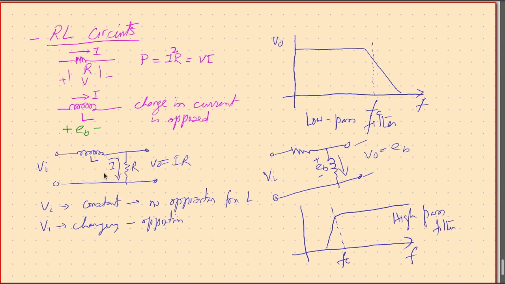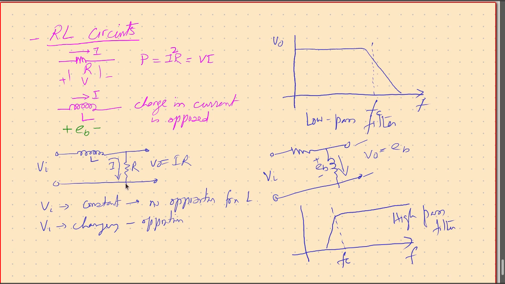Done. So you can use an RL circuit for a similar action. You can use an RL circuit in this form to make it a low pass filter, and you can use it in this form to make it a high pass filter. So you are free to use either an RL circuit or an RC circuit for any of these purposes.